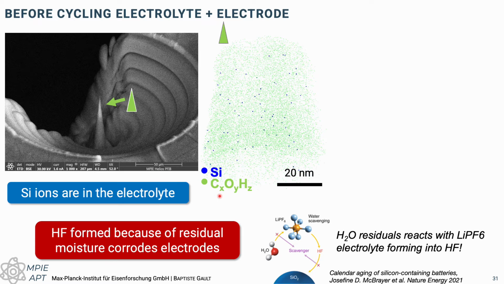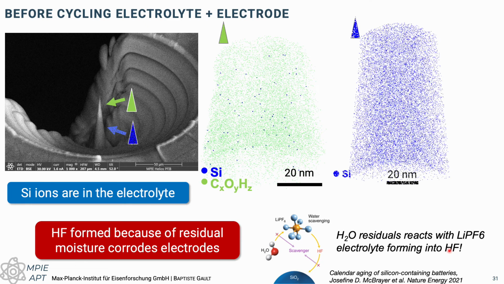And here we can actually go back to the literature, and it was proposed that any residual moisture that remained when the battery was made would actually decompose the LiPF6 salt, and this would form HF, and the HF can actually etch the surface of the silicon anode and cause some corrosion of the silicon anode itself, and then the silicon would end up in the electrolyte floating around, which is exactly what we see.